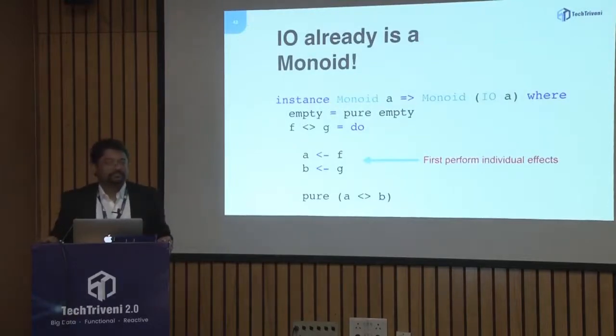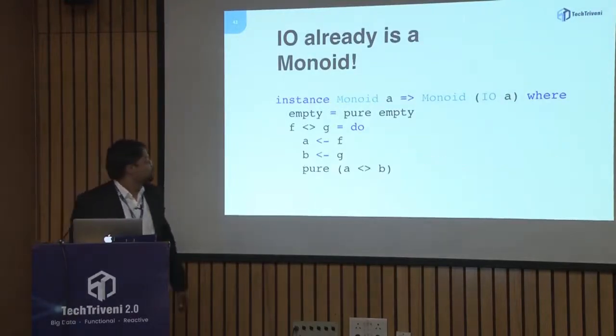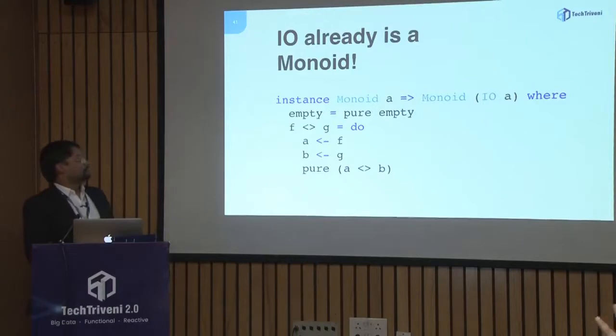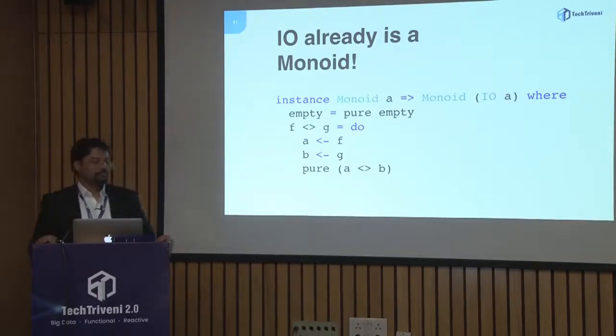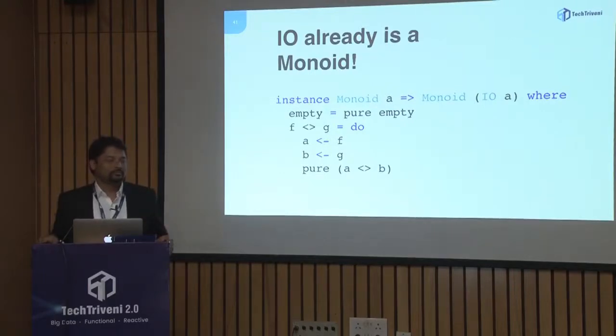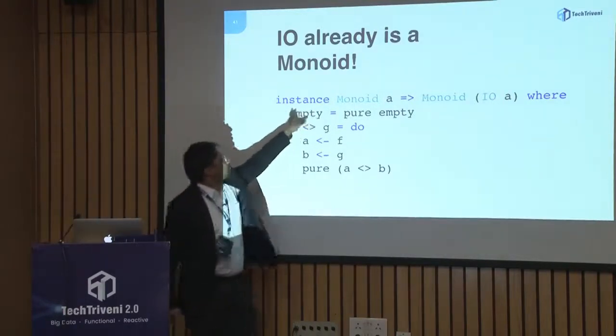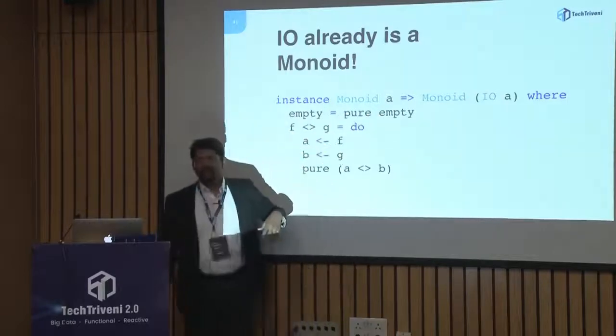Yes? So in the previous code we have two effects, F and G, and we are defining the mappend for it. We abstract A and B, and then we call it again. So how are we sure that whatever effects I'm calling mappend on, whatever the A and B are, they are also monoids? Okay, so this is what that line means. I glossed over it.